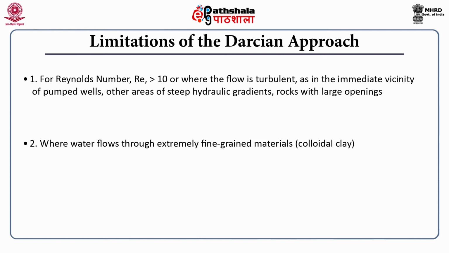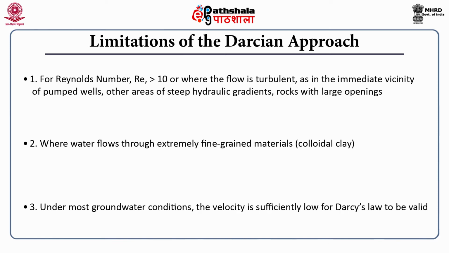Second, where water flows through extremely fine grained material like colloidal clay, which has the property of shrinking and swelling, we cannot get accurate results from Darcy's velocity. However, in most groundwater conditions the velocity is sufficiently low, and we can apply Darcy's law without any problem.